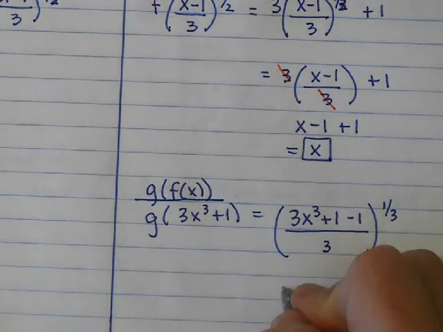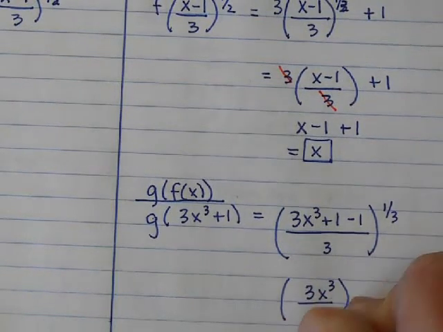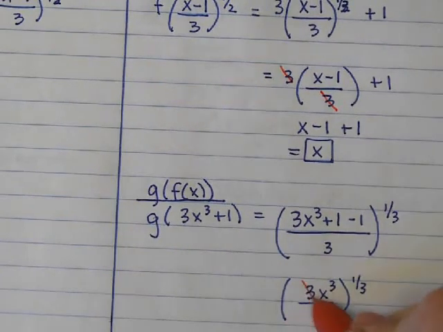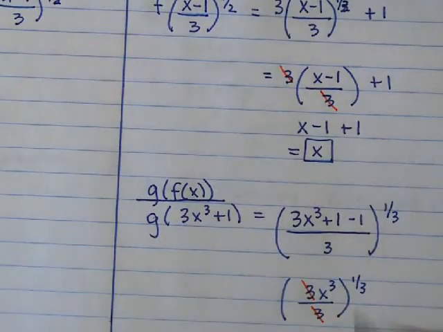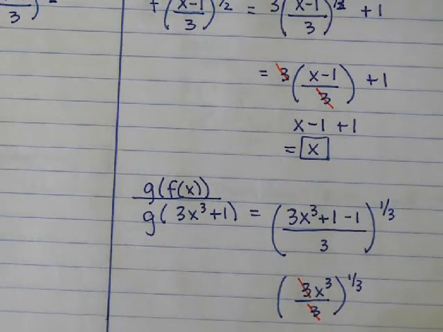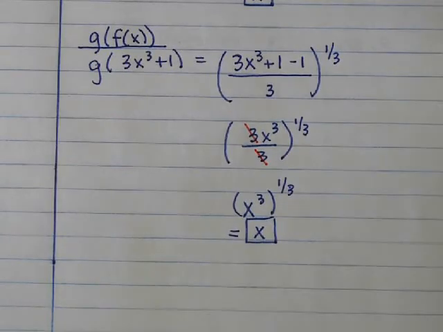Okay, well, those are going to cancel out. So this is (3x cubed over 3) to the 1/3. Those are going to cancel out. x cubed, and I could keep it in parentheses if I want, to the 1/3, power to a power, I multiply, and that'll give me x to the first. Okay, so there they are.